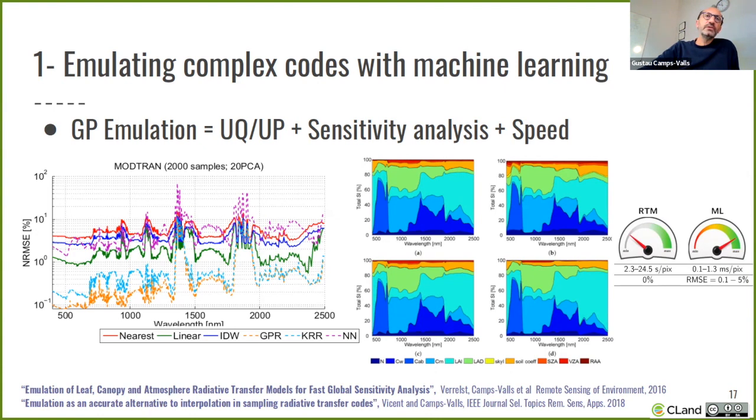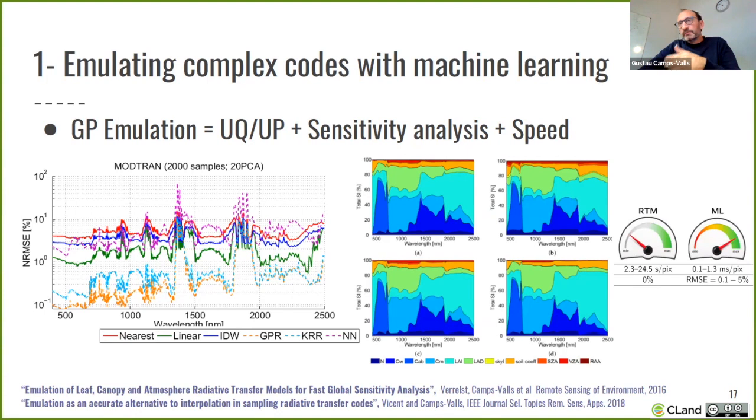And in terms of accuracy and speed, the methods are performing pretty well. In our experience, Gaussian processes perform best among the others, and it is not only because of the error. You can see in the picture on the left that the error is much lower for the orange curve, independently of the wavelength.